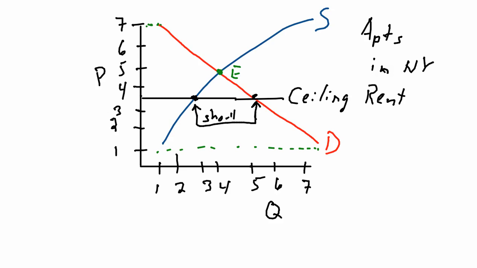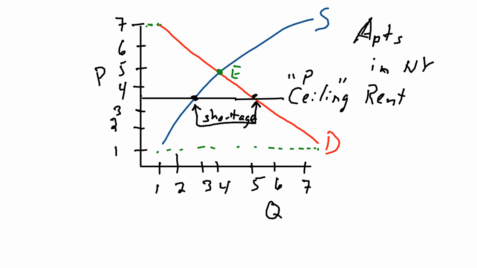The demand is much higher than the supply, and that's a shortage. So a price ceiling creates a shortage.